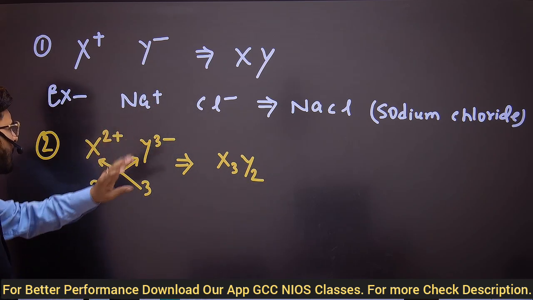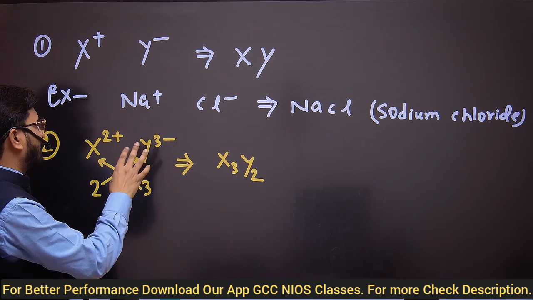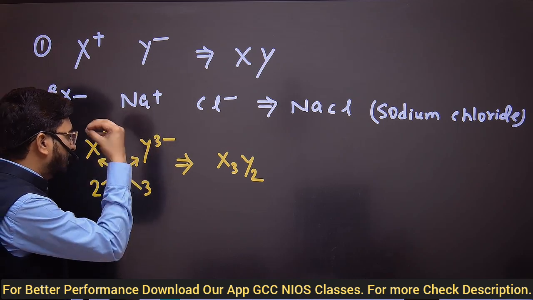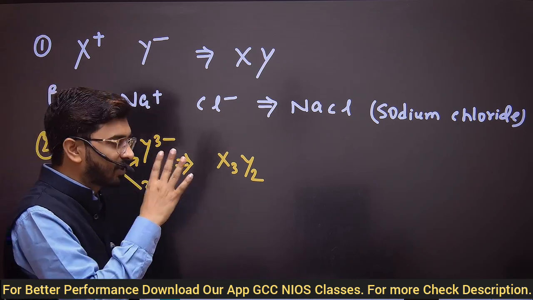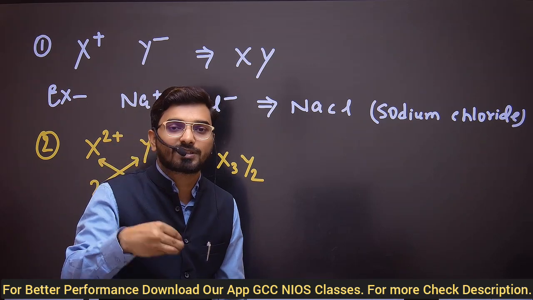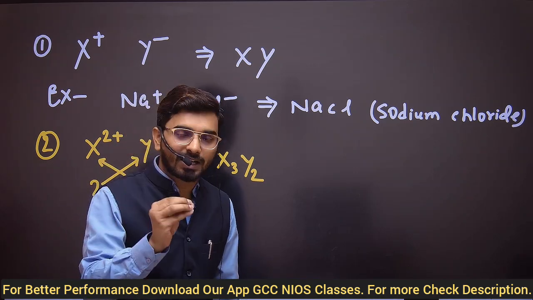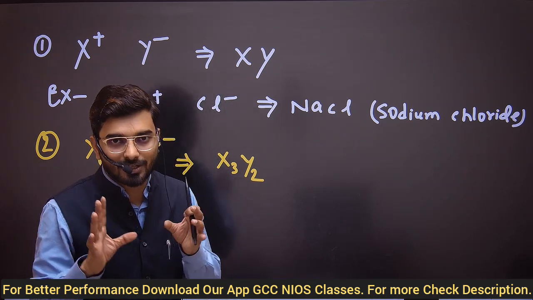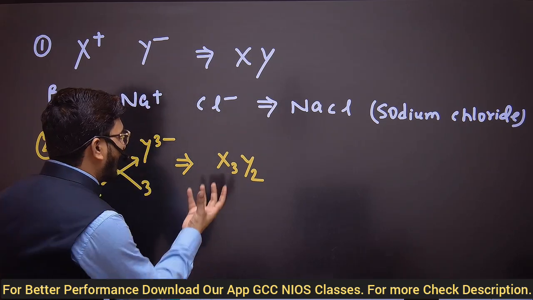So whatever the value, in different cases, with different valencies, the concept is the same: whenever the valencies are different for positive ions and negative ions, you only interchange their valencies and write them like this.